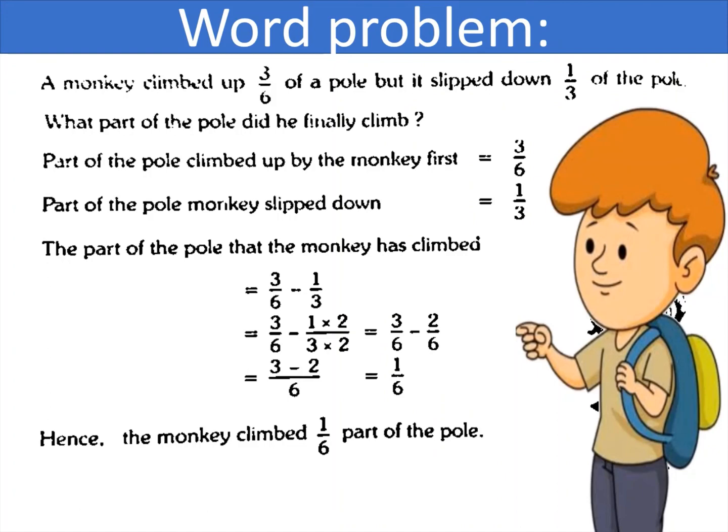So we get the denominators unlike. So we shall make the common denominator. Common number is 6. Change it into equivalent fractions, and we get 3 upon 6 and 2 upon 6. We shall subtract 3 minus 2, that gives 1, and copy the denominator, that is 6. So here we can say the monkey climbed 1 upon 6 part of the whole.